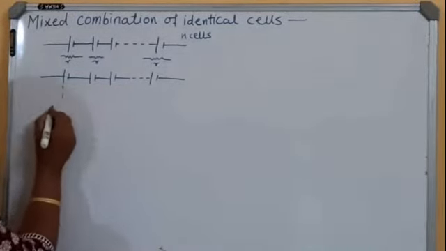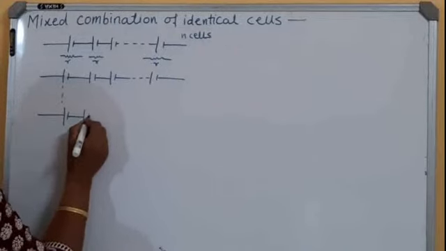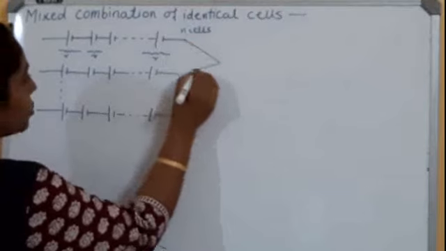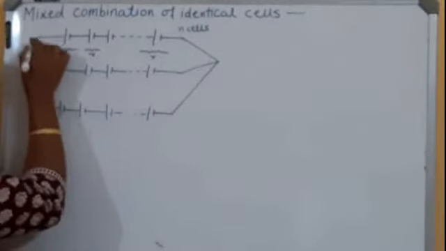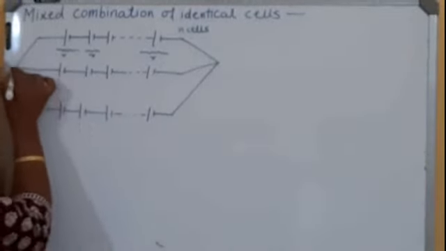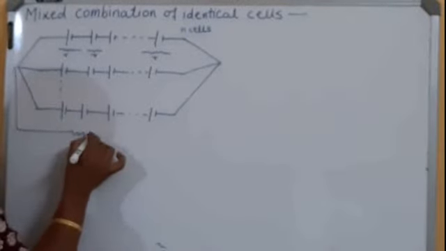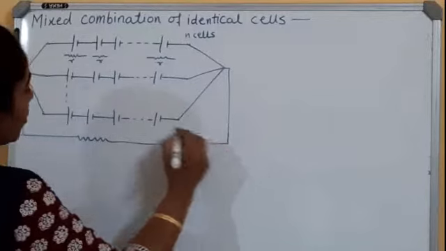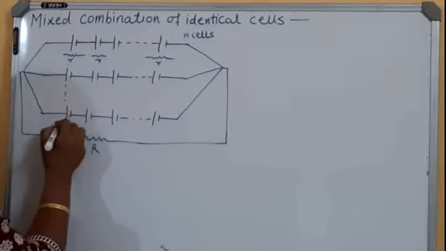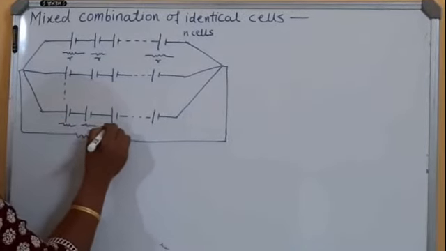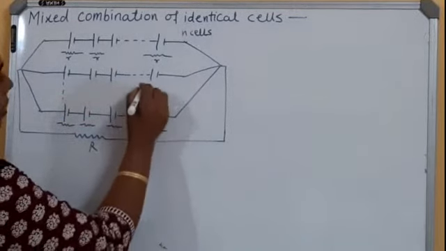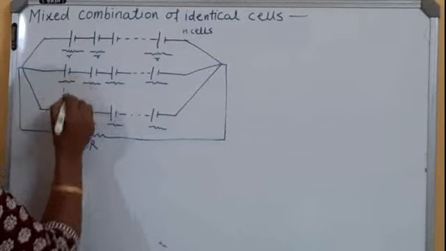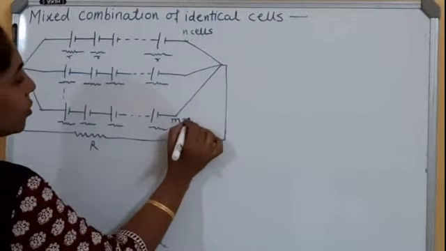So you draw the diagram, such m rows we are going to connect with the external resistance R. Everywhere you show the internal resistance. Such m rows.